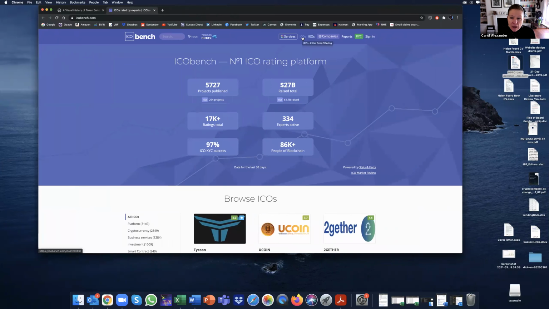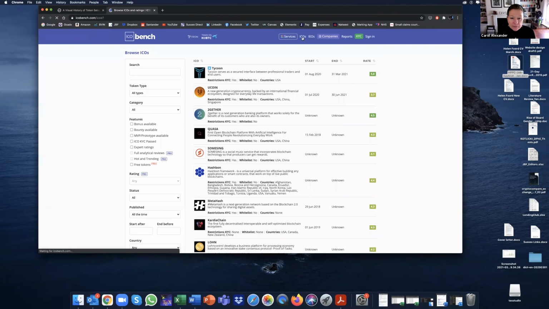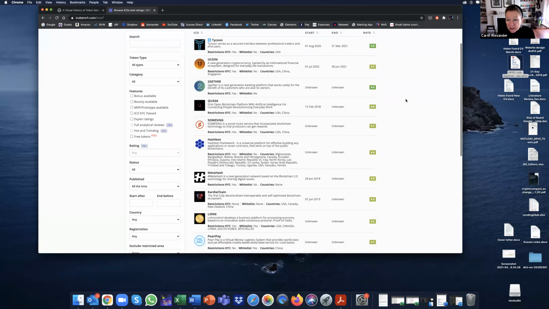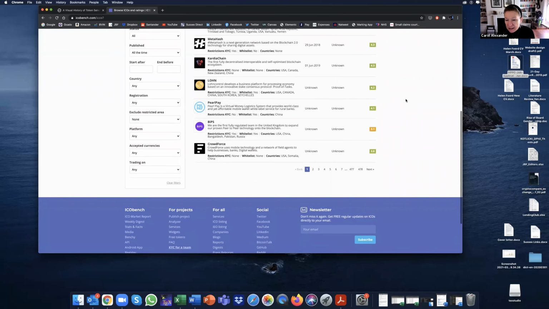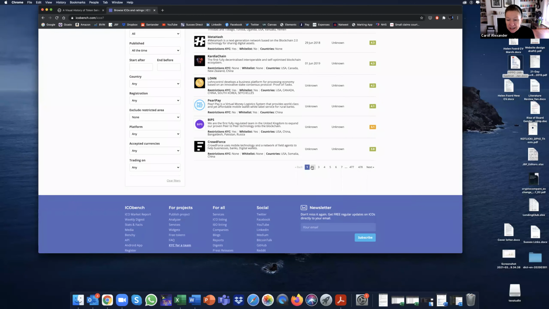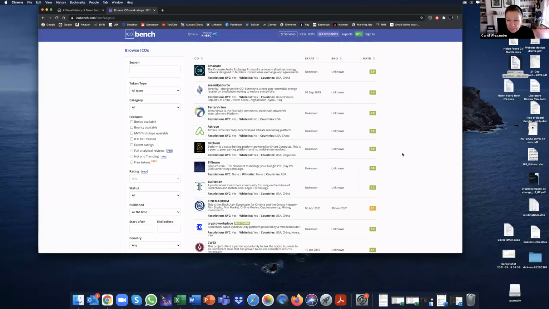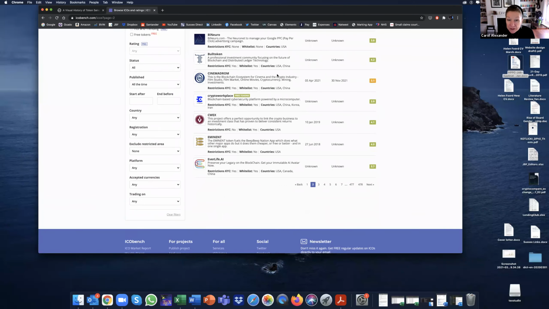And now ICOs are, if you just look at some of the data that we get here, ending 31st of March, 30th of June, some of them haven't even set their dates. Unknown, November.